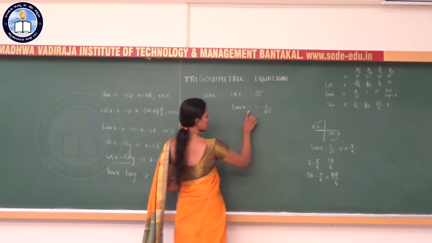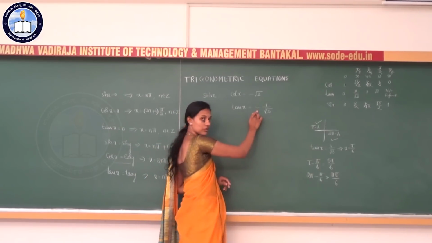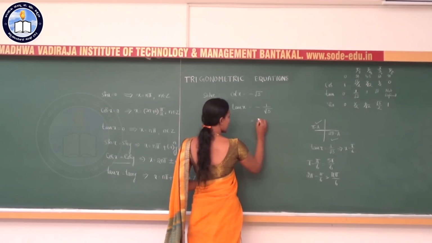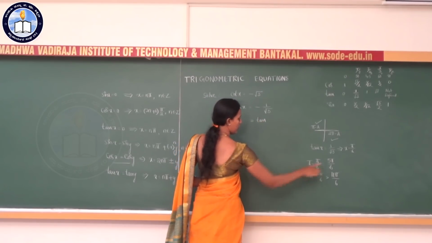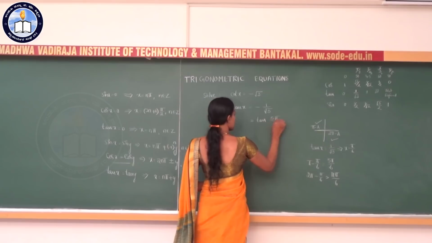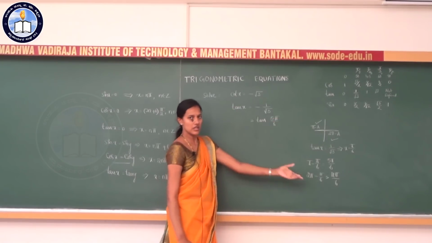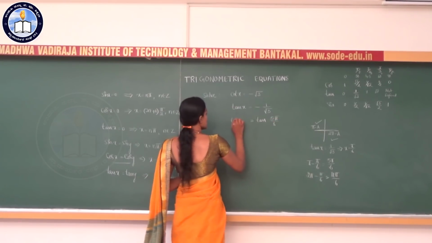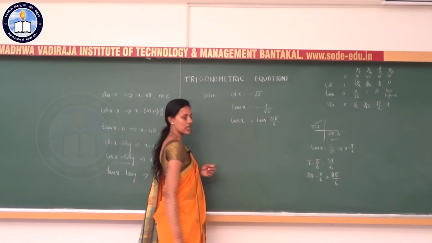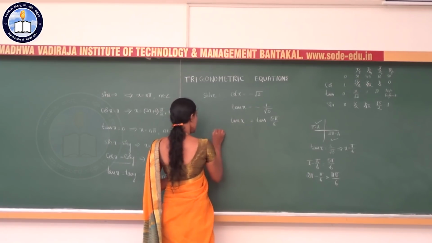So we can write tan x is equal to minus 1 by root 3 as tan x is equal to tan of 5 pi by 6, one of the principal solutions.